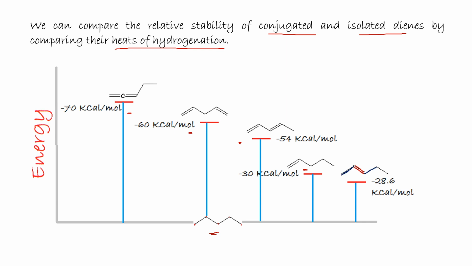It released only 28.6 kilocalorie per mole, while when we have 1-pentene, it releases 30 kilocalorie per mole, which means it's higher in energy and less stable. We notice that this compound is monosubstituted.